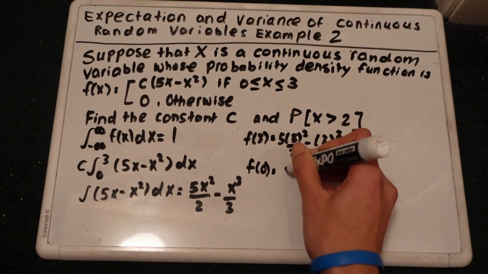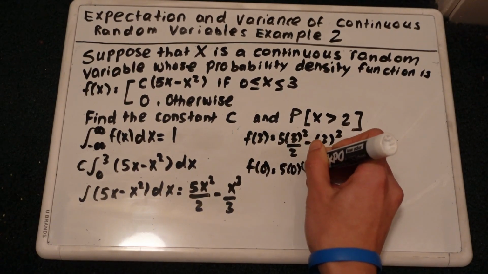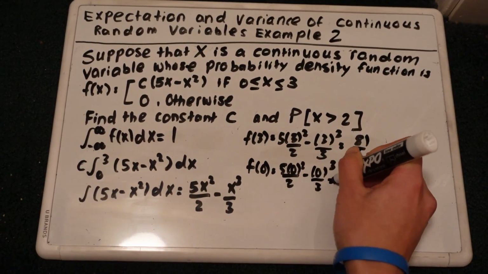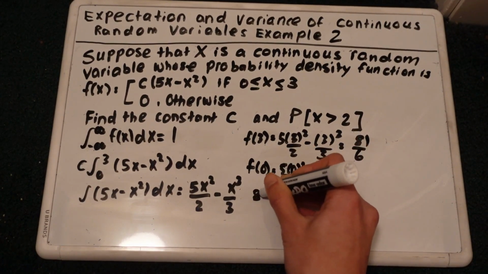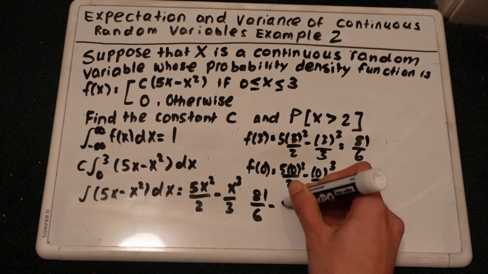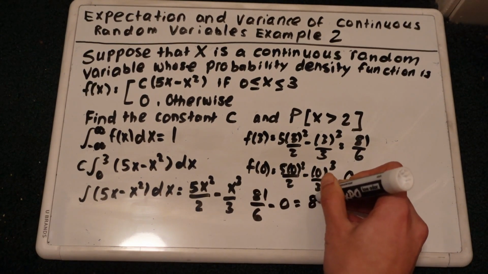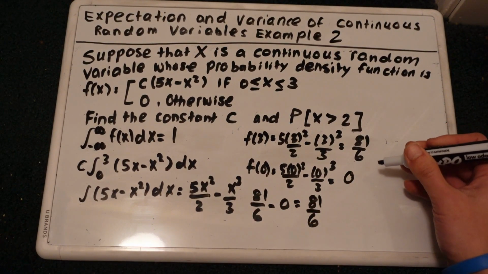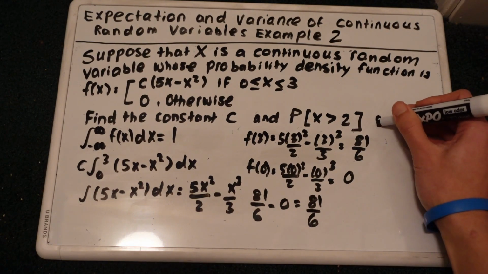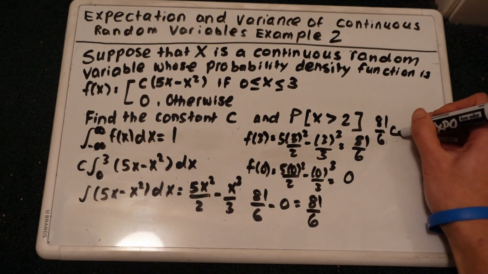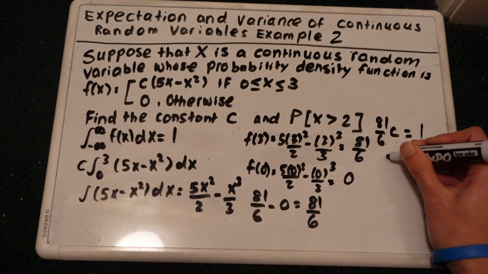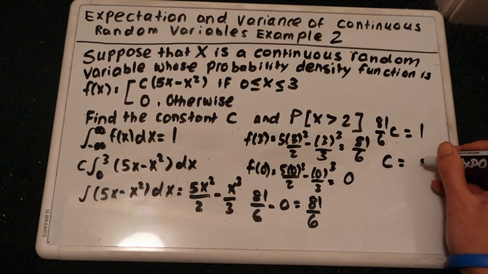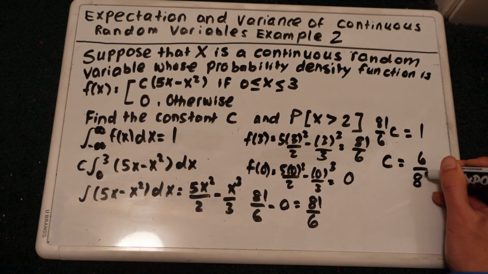Plugging in 0 would just be 0. So 81 over 6 minus 0 is equal to 81 over 6. But now we're trying to find the constant c, so we can set it up as 81 over 6 times c is equal to 1. And finding what c is, we get c is equal to 6 over 81.